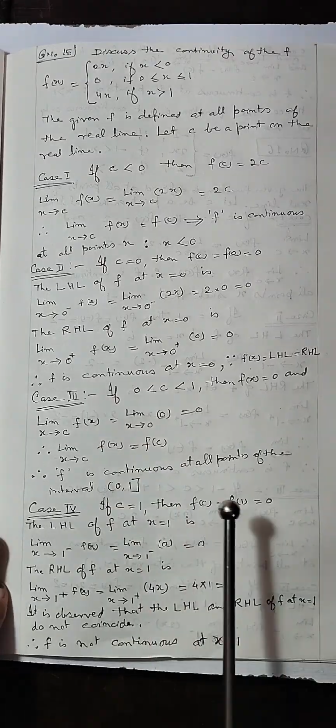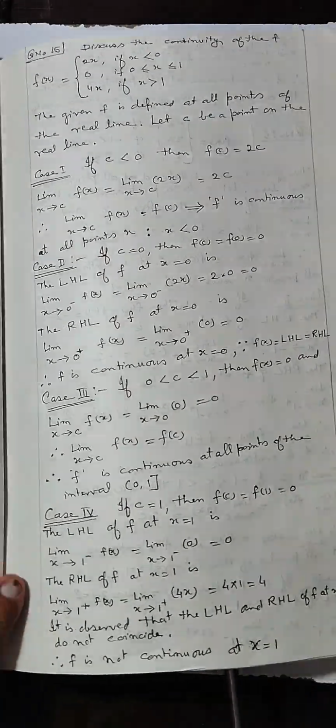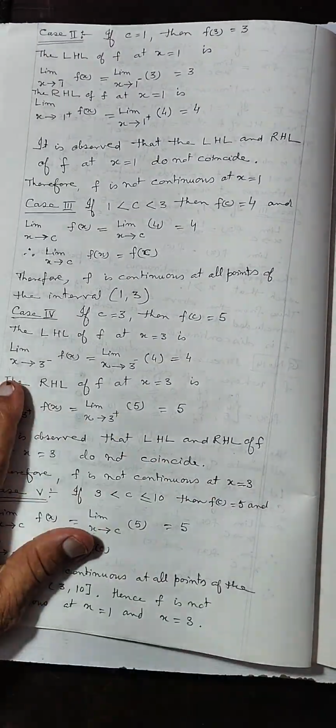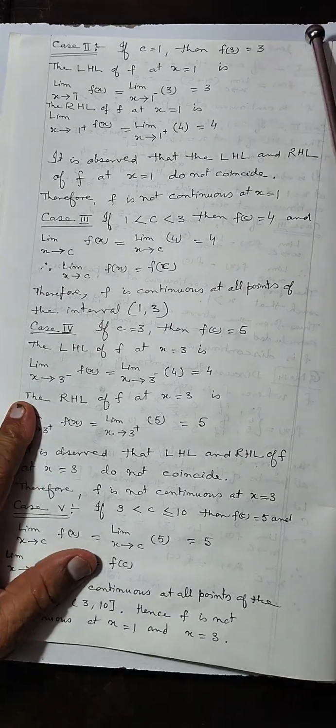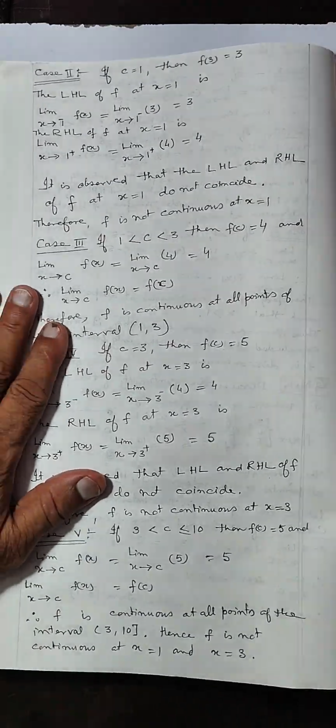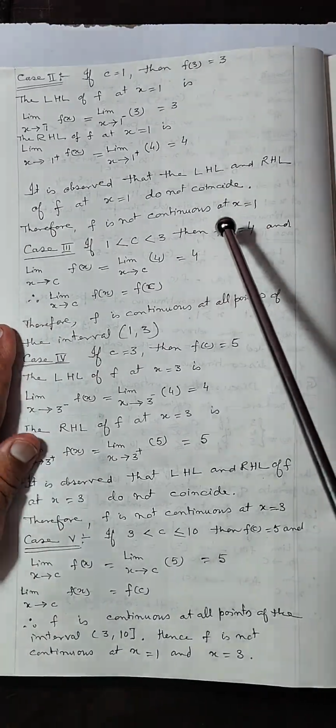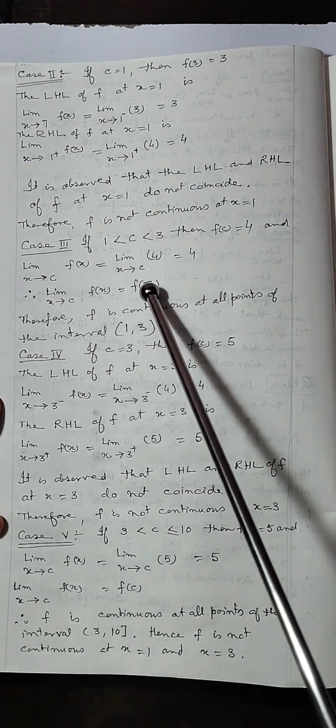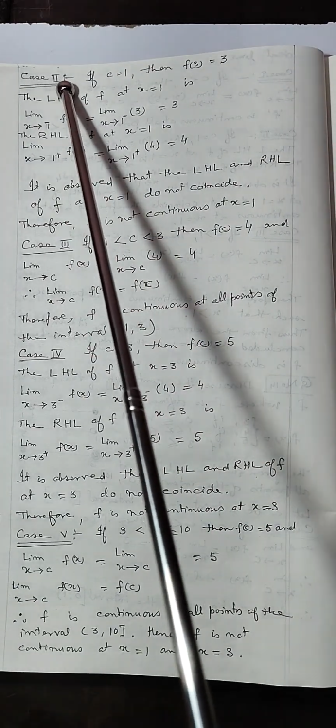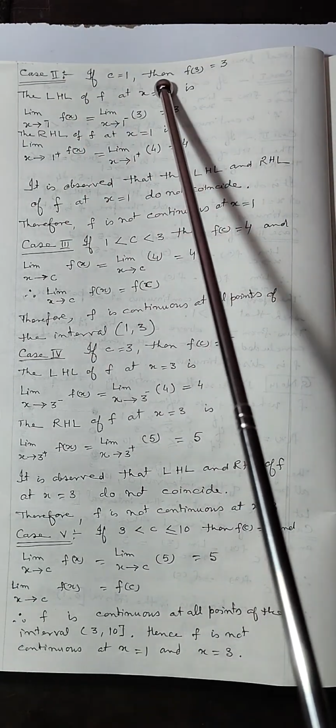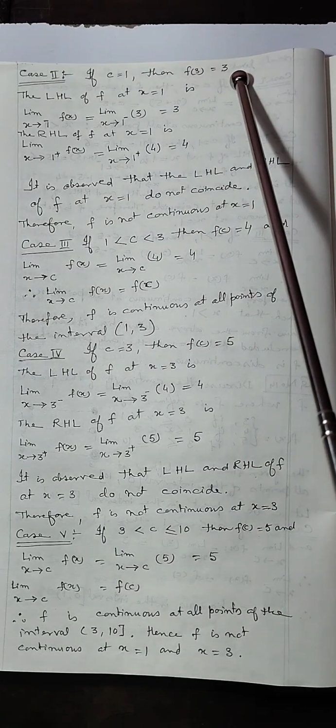Now come to the case number 2. Case 2, if C is equal to 1, then f(1) is equal to 3.